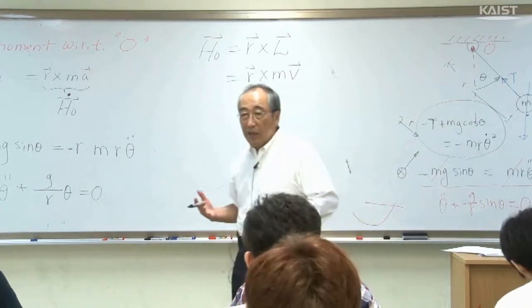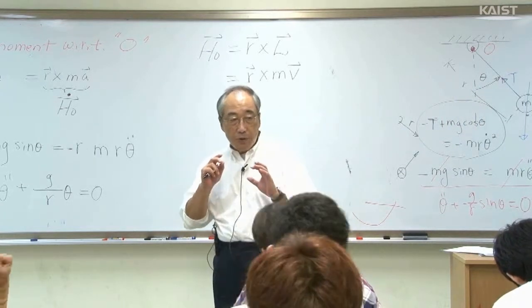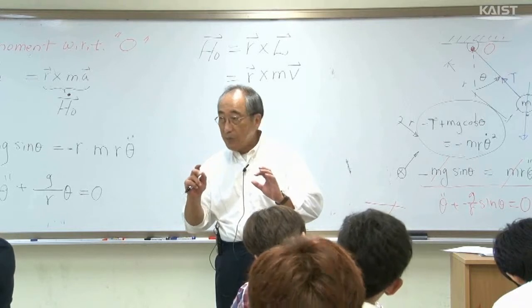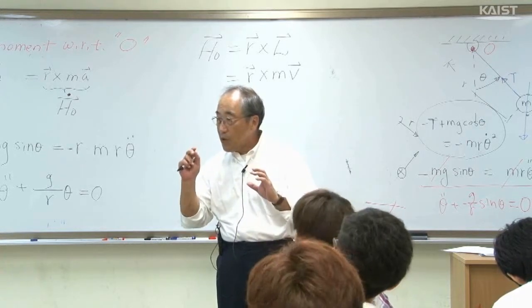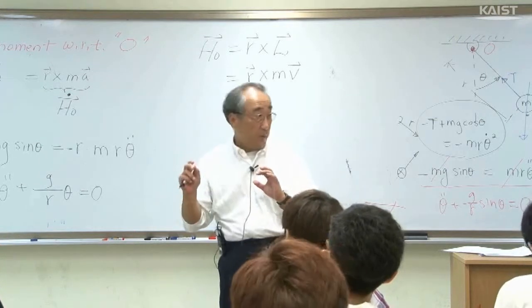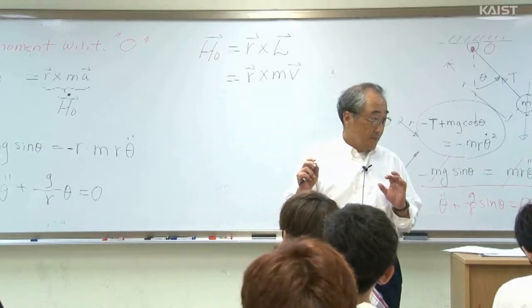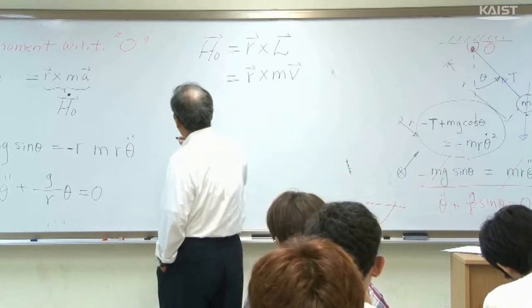Why are we handling this? As I mentioned briefly, sometimes looking at the dynamic system in terms of moment gives us more insight and understanding. Sometimes that is very convenient. Right?